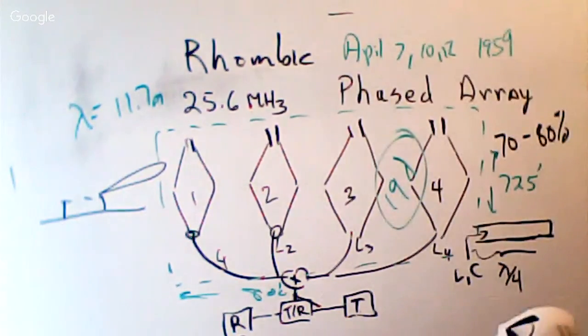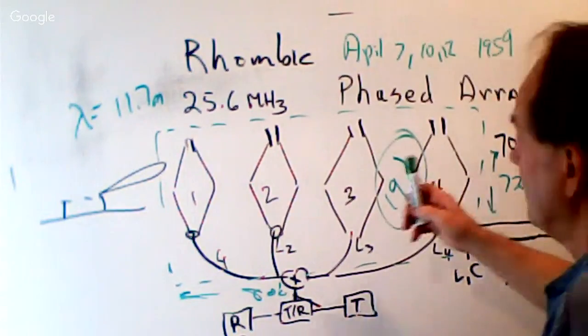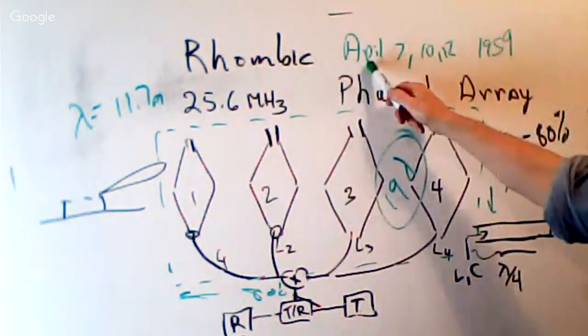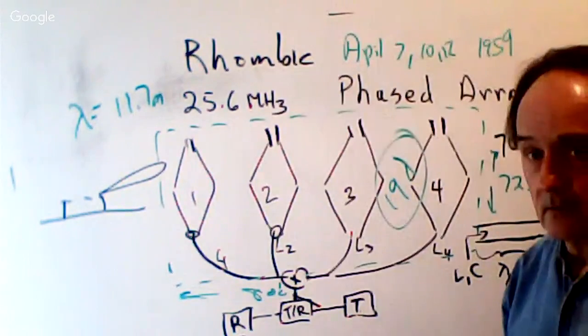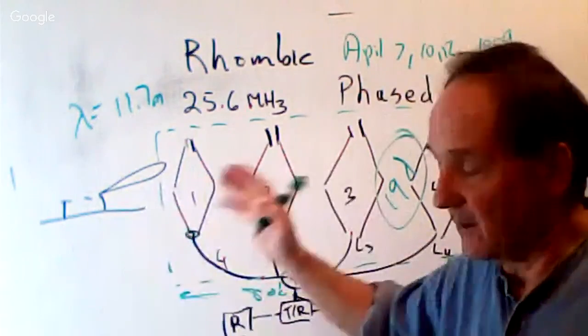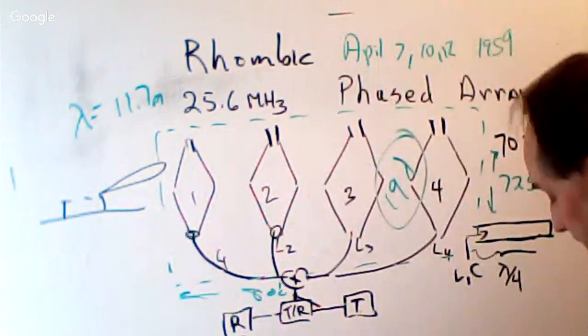And the reason for that is that the sun appears in the main lobe of the antenna system only during this period, near the equinox, because of where the antenna was oriented on the Stanford property.